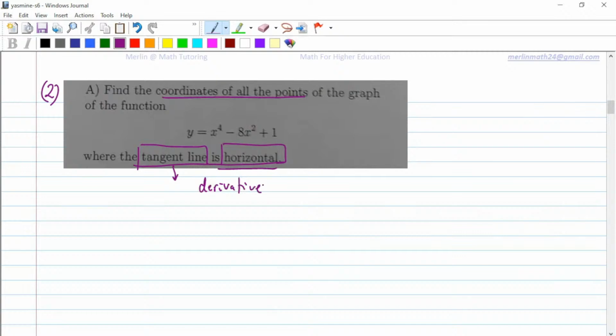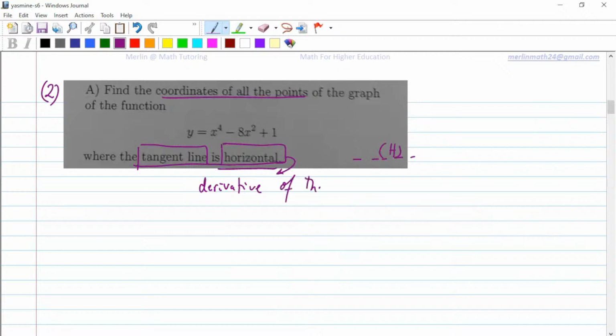Okay. A tangent line that is horizontal means it is parallel to the x-axis. Horizontal means the derivative of the line is 0.